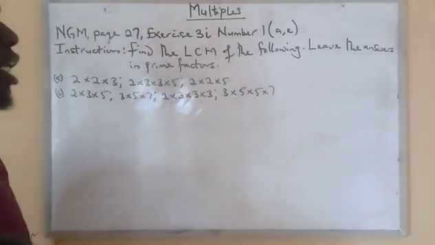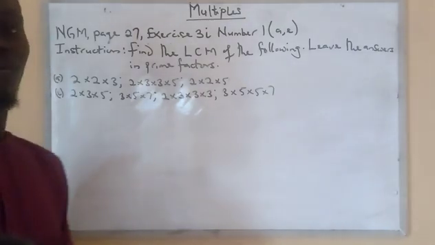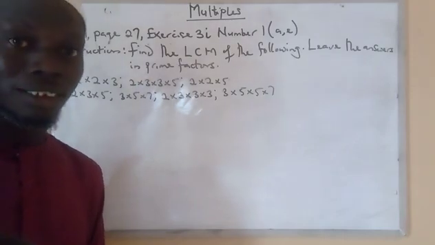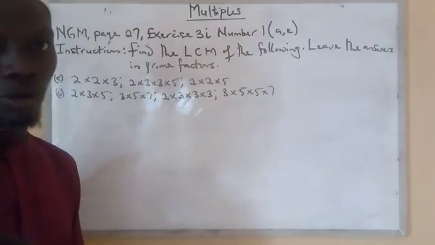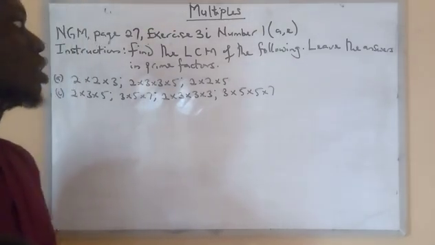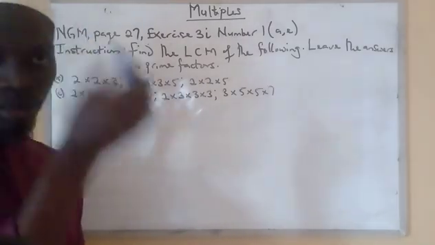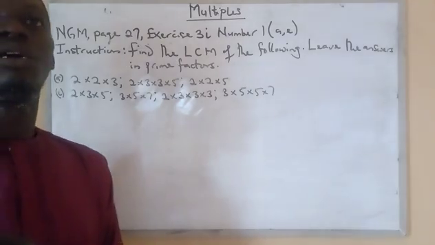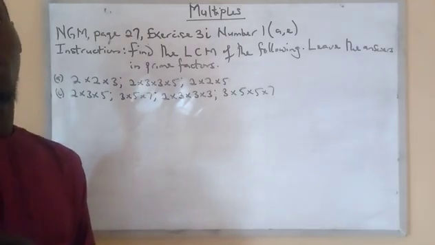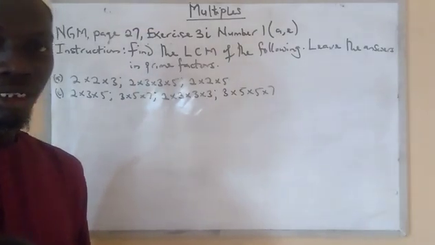So find the LCM of the following. Leave the answers in prime factors. Now we are in LCM, lowest common multiple, or least common multiple. Last class we talked about common multiples. We said common multiples refers to the number that is common to 2 or more multiples of numbers.